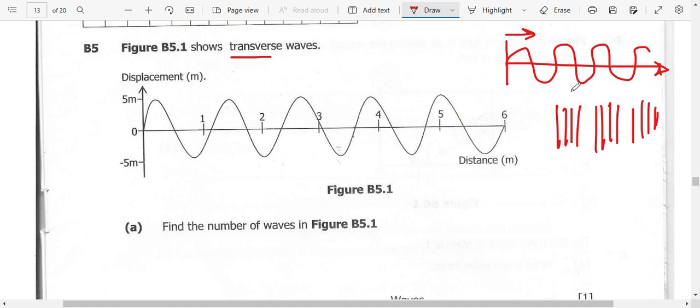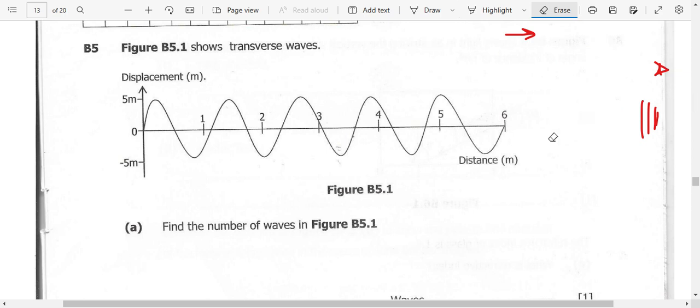All right, so now let's consider these questions. When you move from the top, the top is called a crest and the bottom is called a trough. When you move between two troughs or between two crests, that gives you what we call the wavelength. Is that okay? Yes, I'm listening.